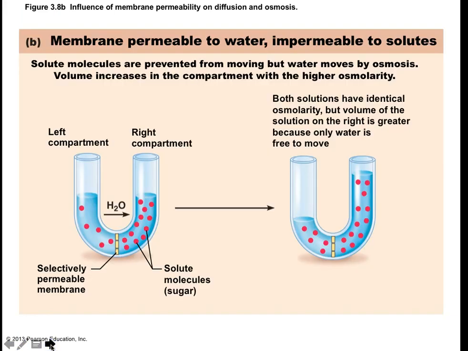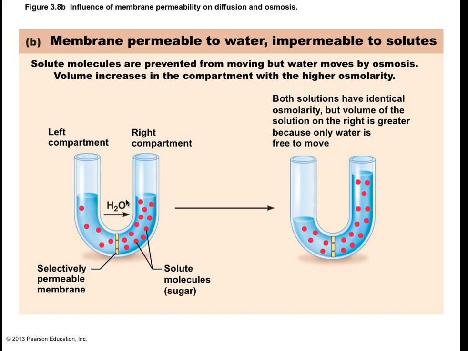Here we have something that you might find in the chemistry lab, where you have a tube filled with little red balls in water. And there is a membrane that is not going to let the little red balls move. But you do want to have equilibrium. You want to have the same amount of fluid and red balls in both compartments.